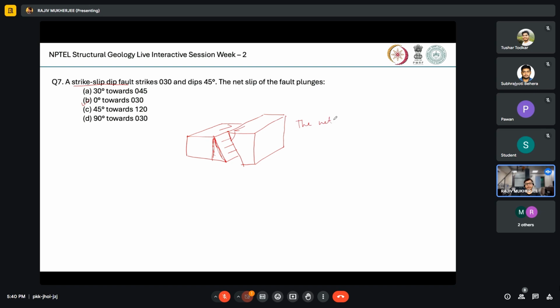So a strike slip fault means the net slip of the fault will be parallel to the strike of the fault plane.